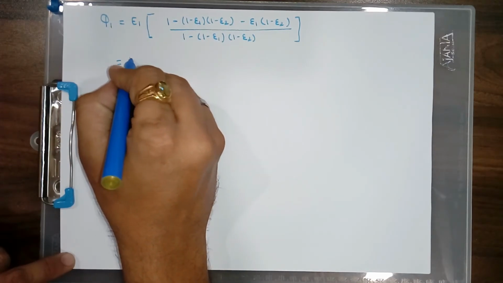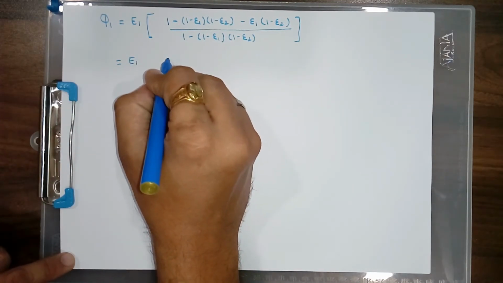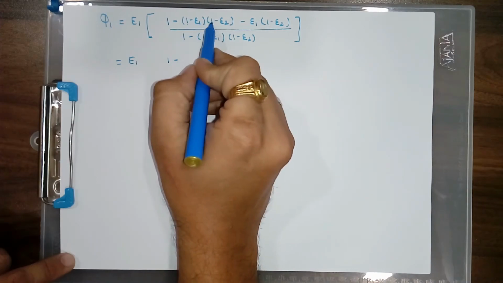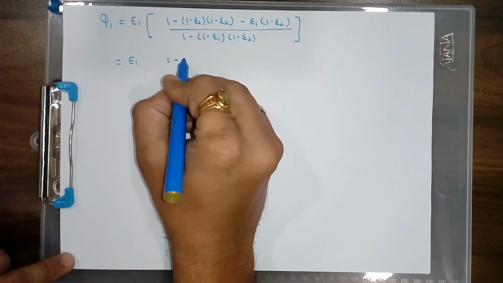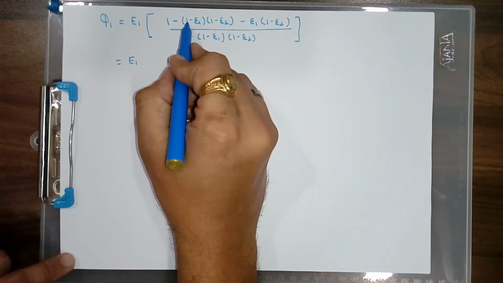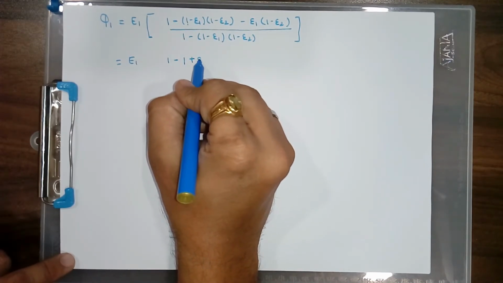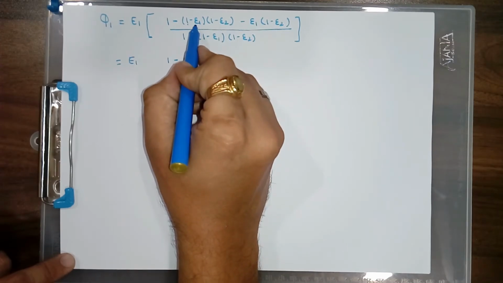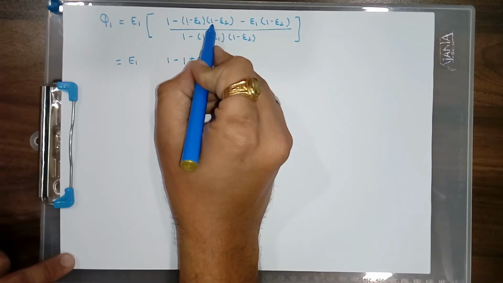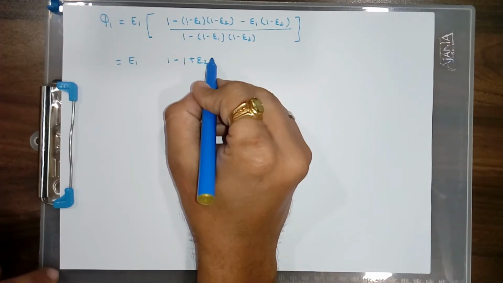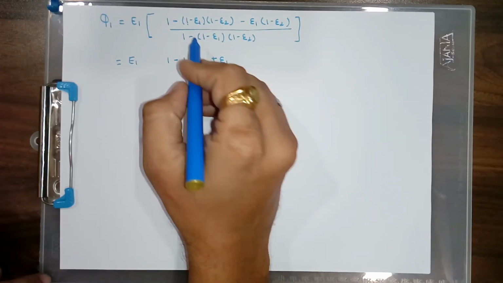So here I am going for the simplifications. 1 is multiplied with the 1 and the minus sign is there, so it becomes minus. 1 is multiplied with the minus E2, it becomes a plus E2. This ε1 is multiplied with this 1 and minus is there, so it becomes a plus E1.